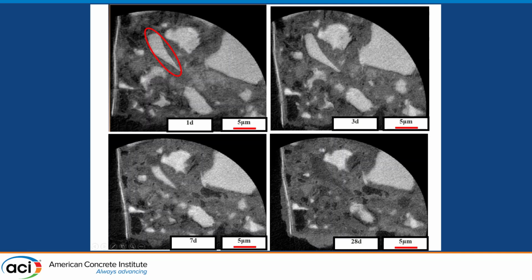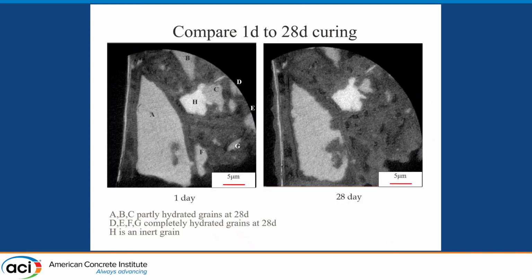You get a description of how it has dissolved and precipitated new product. So that particle basically goes away by the end of 28 days. There's another area that's empty at first day that fills in by 28. There's another Hadley grain kind of feature that you see here where it develops a new low porosity zone around the particle, and so on.